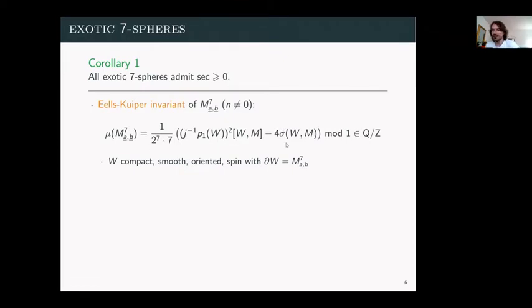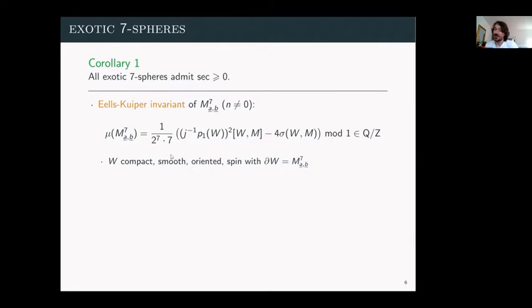The way you should think about the Kuiper invariant, just intuitively, is that if this manifold W were a closed manifold, then the right-hand side here would be the A-hat genus of W. And Hirzebruch showed that the A-hat genus of closed 8-manifolds is an integer. So if you take it mod 1, it would vanish.